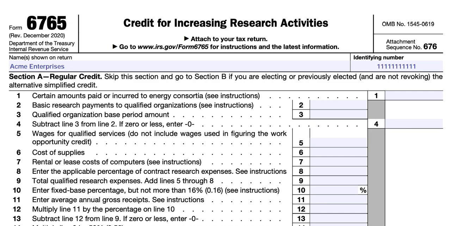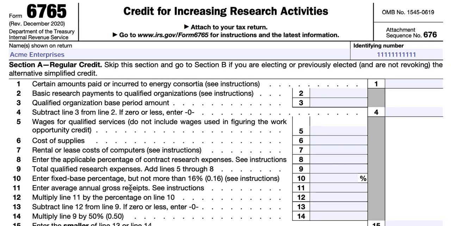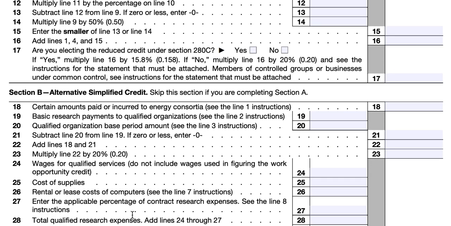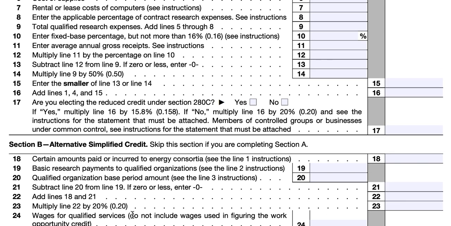Now in this form there are 4 sections. Section A is the regular credit calculation, and Section B is an alternative simplified credit election.